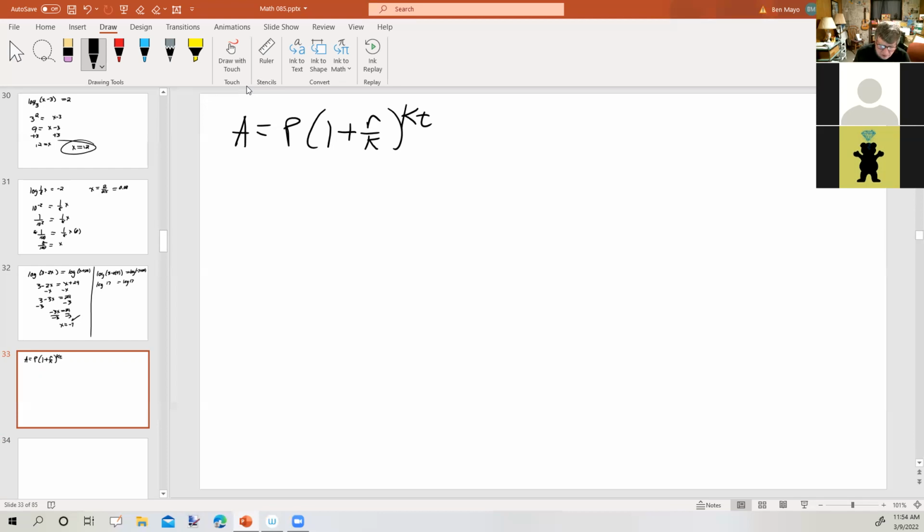Compound interest, where it's not compounded continuously. A equals P e to the rt, where it is compounded continuously, whether it's involving money or a population. And then we had the time equals the natural log of 2 over the growth rate, which was a shortcut we could use. Okay. Give me a second to get organized on this new stuff.